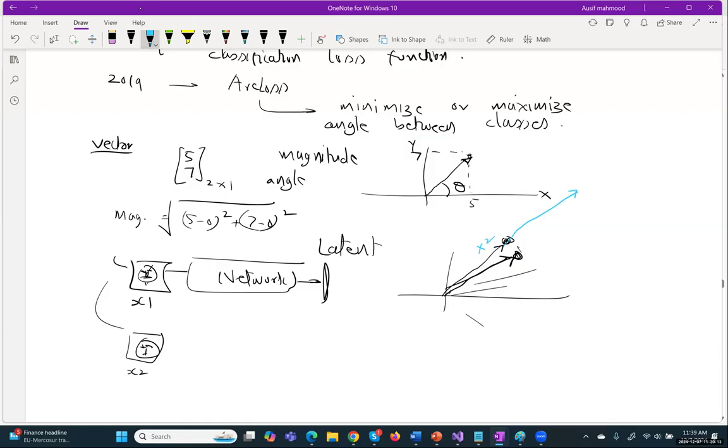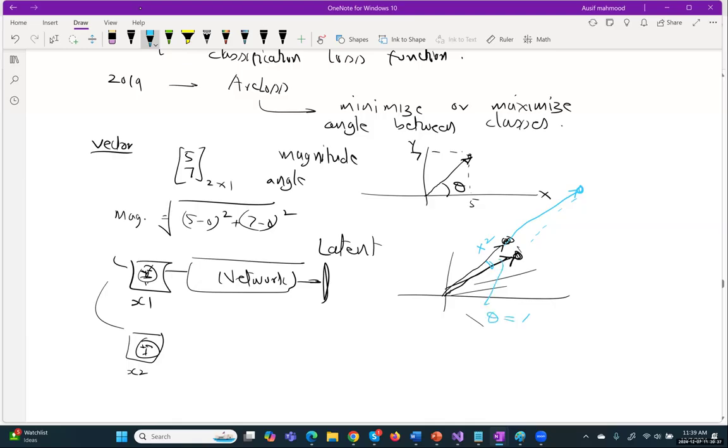The magnitude will become bigger. What happens to the distance now? If we double the magnitude, the distance increases. But what about the angle?